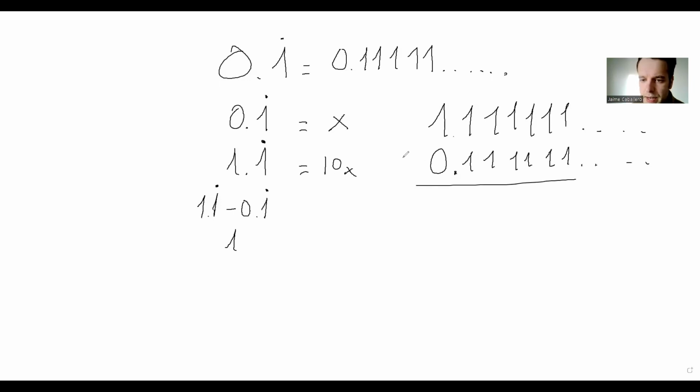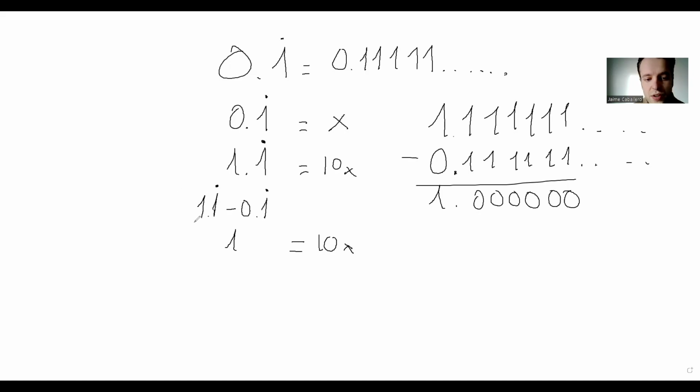Now check this out. The whole decimal part is always going to be 1 minus 1, which is 0, 0, 0, 0, up to the units, where we're not going to have 1 minus 1 anymore. We're going to have 1 minus 0, which makes 1. And this is what I was talking about before, that doing this is going to make it much easier, because 1 is 10x minus x.